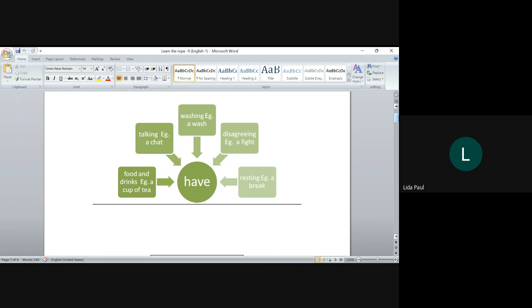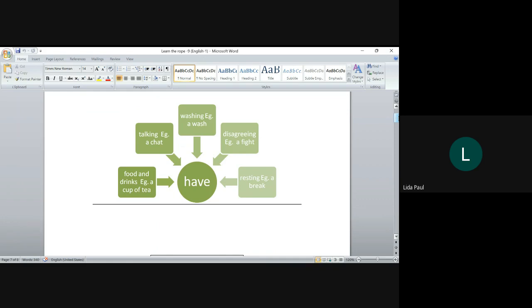You see those comments that are written around the word have, right? So what does it mean? You usually can use have with a noun or a nominal expression that is related to food and drinks. Like, for example, have a cup of tea, or have pizza, or have rotis or chapatis or anything.